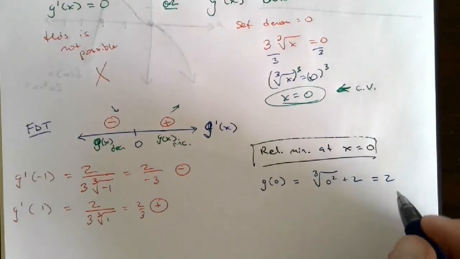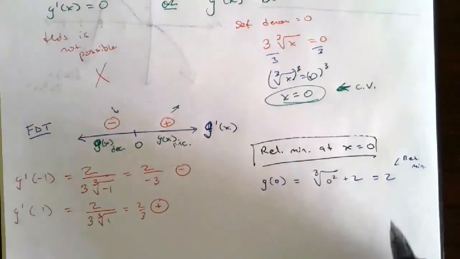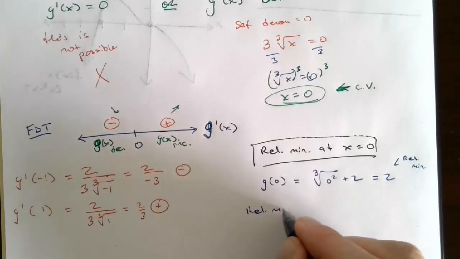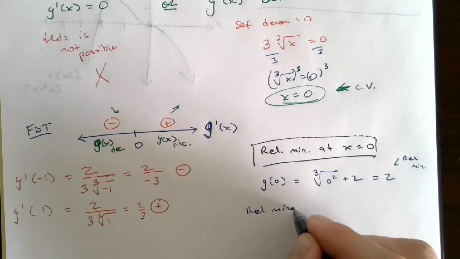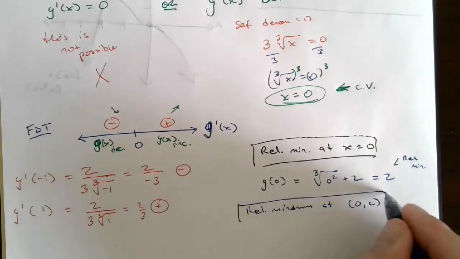So remember, 2 is the relative min value. Another way of saying it is relative minimum at the point x comma y is 0 comma 2.